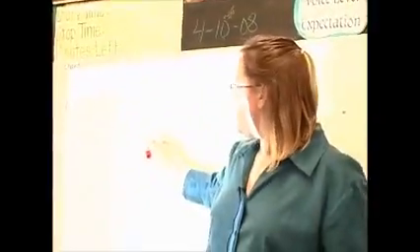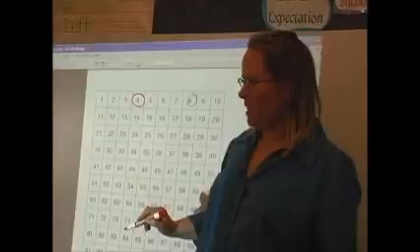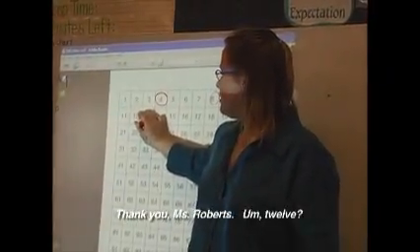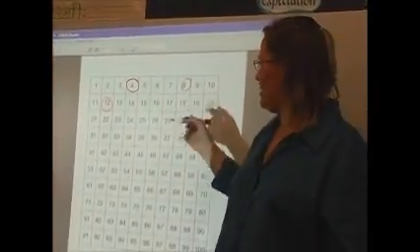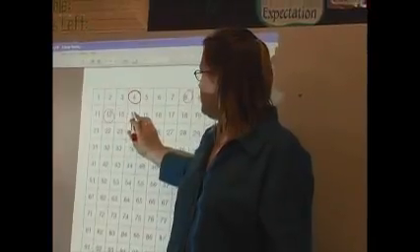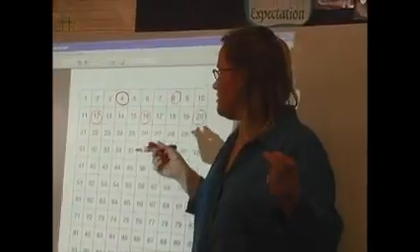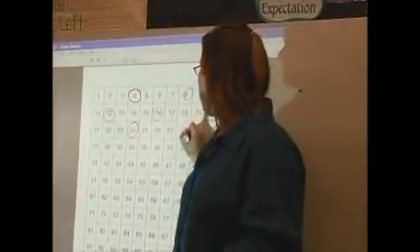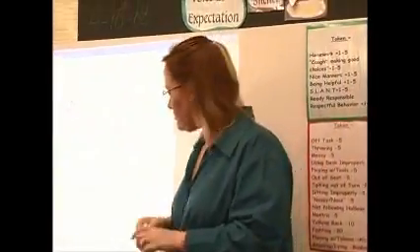Next, Aurora? 12. Very good. And hey, if you're going to use the 100 chart, can't you use it to help you? 1, 2, 3, 4. Or you can just know it. We're going to stop there. Well, actually, let's just do a little bit more. We don't have to go through the whole 100 chart.